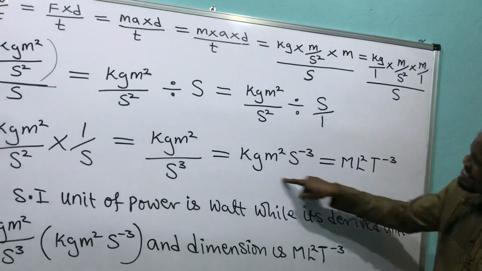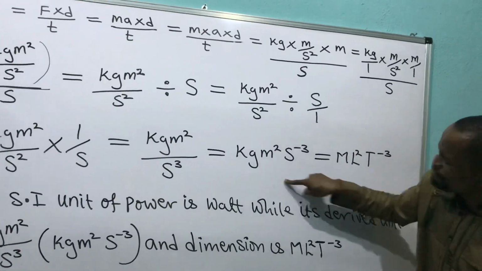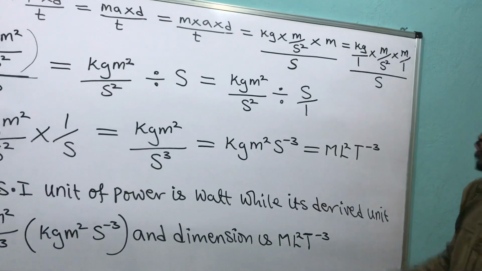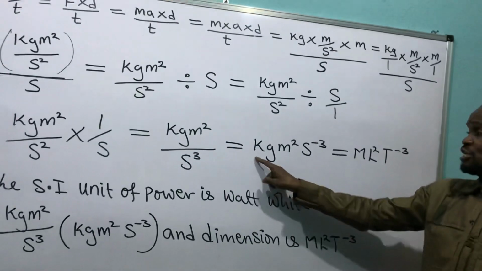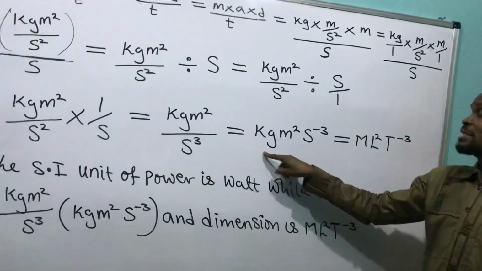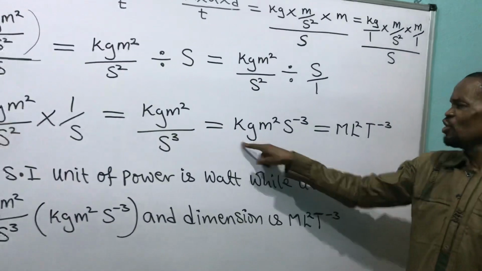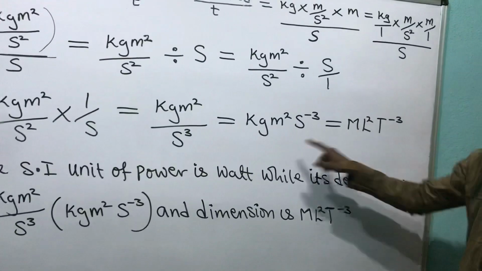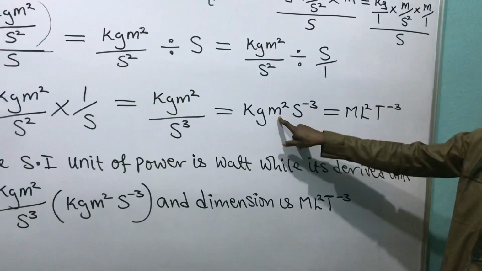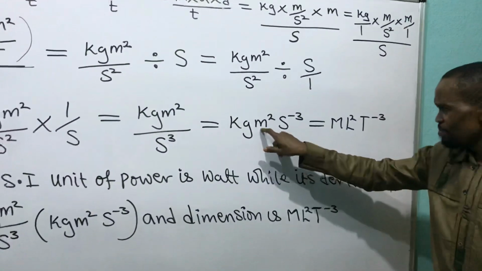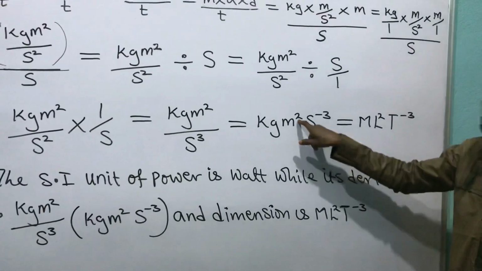From this derived unit, I can get the dimension. You see that I cannot get the dimension without getting the derived unit. The dimension of kilogram is capital M. The dimension of meter is capital L, so with meter squared I have L squared.